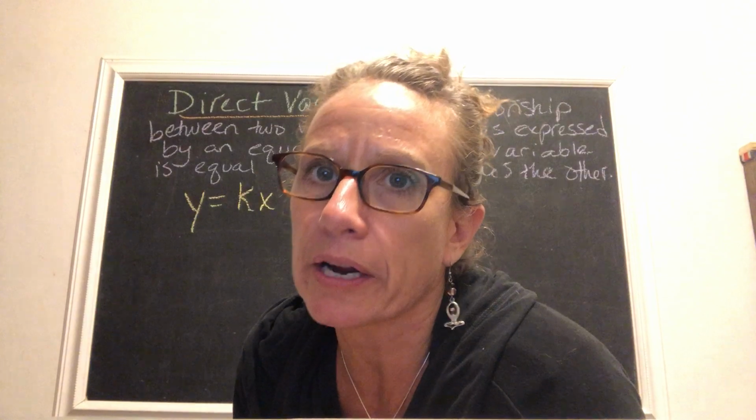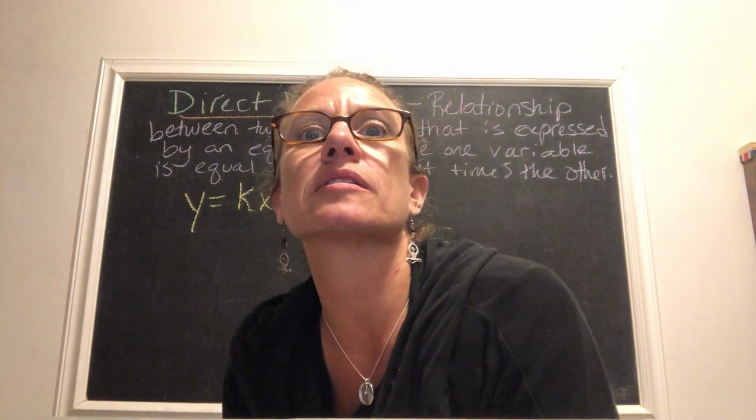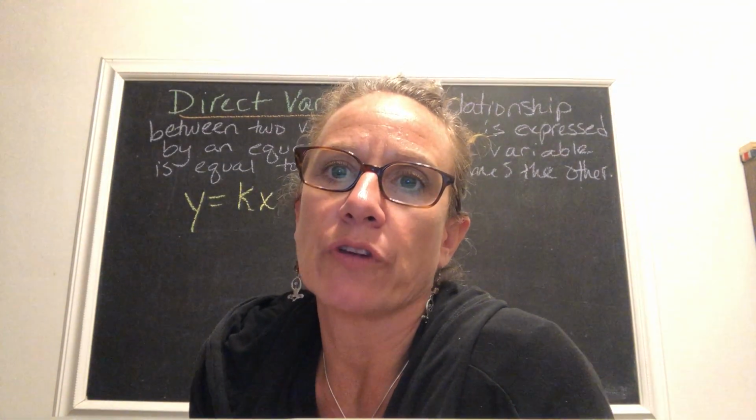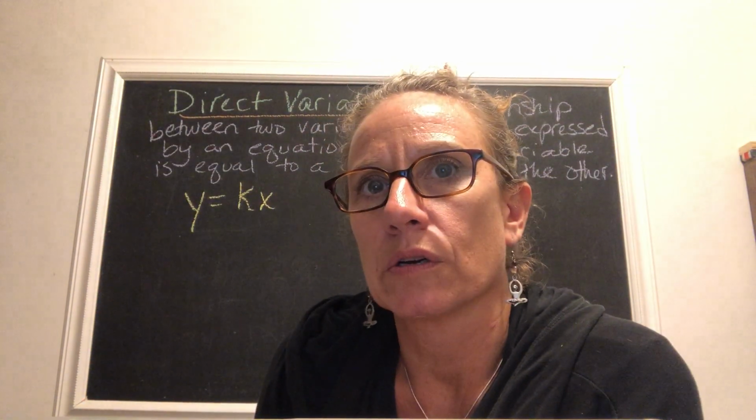Okay, so this is a direct variation. So we're going to write a proportion that represents this. We can say that the flour is varying directly with the milk.